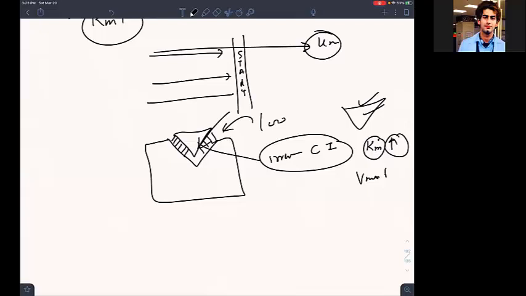Once I increase the concentration of the agonist at that place, that can lead to reversibility of the original reaction. So increasing the concentration of the agonist can remove the blockage, that can remove the antagonism.